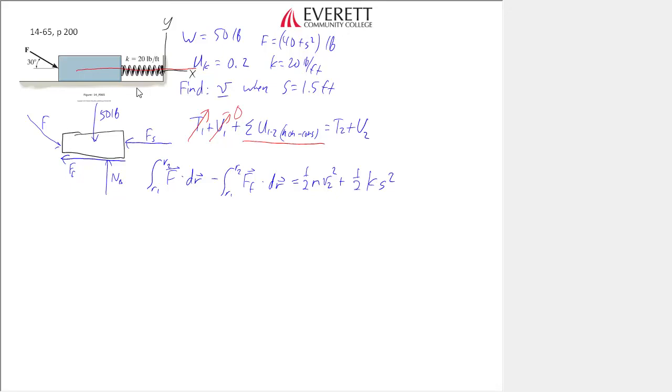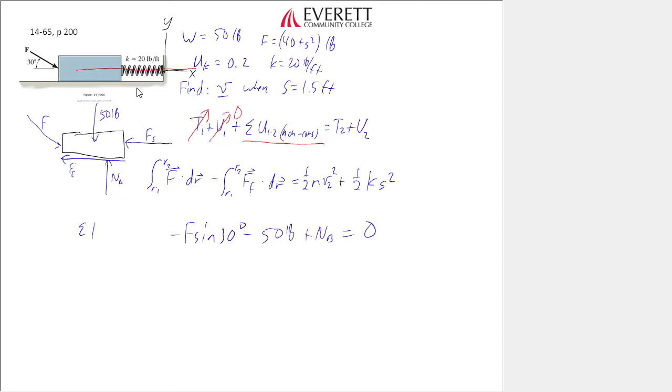We can figure out what our normal force is just by doing sum of the forces in the y direction equals mass times acceleration in the y. We know it's not accelerating in the y, so we're going to have F sine 30, which is the y component of our force, and 50 pounds: negative F sine 30 minus 50 pounds plus N_B equals 0.